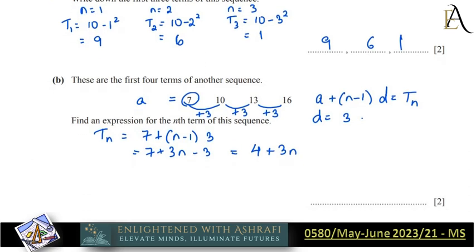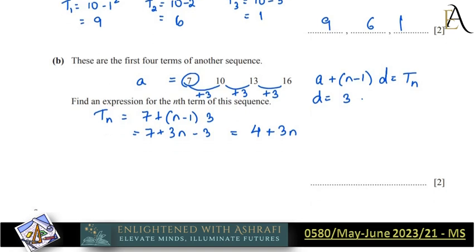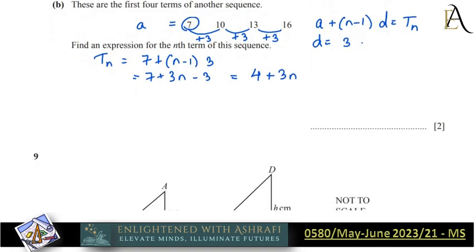So finally we'll write down Tn equals 3n plus 4.